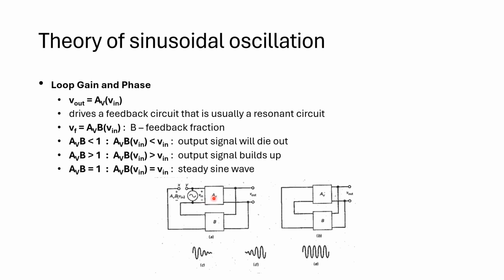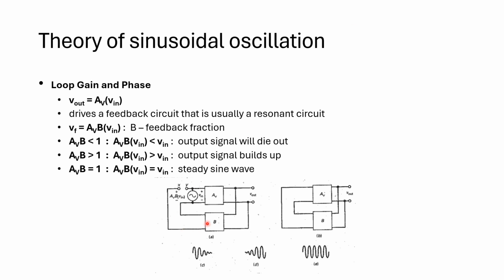Using this, and we have an amplifier, we will have an output voltage equivalent to AV, the amplification factor of our amplifier, multiplied by our V in. If the input feedback is large enough and has the correct phase, there will be an output signal even though there is no external input signal.